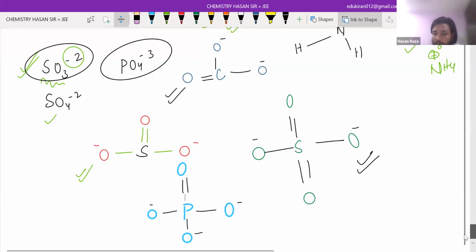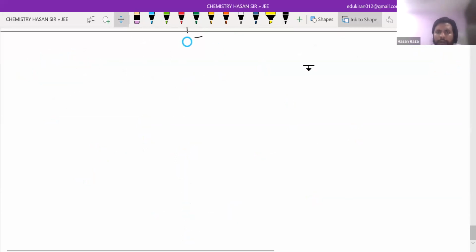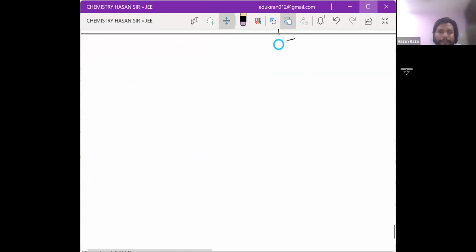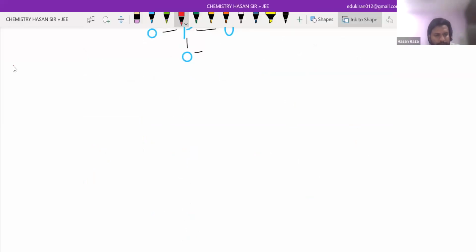Now we are going for oxy acid, which is very important for your main block. So, the structure of oxy acid. How are you going to recognize the structure of oxy acid? What is oxy acid?